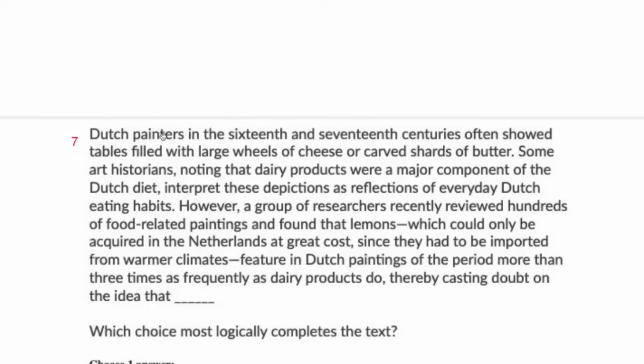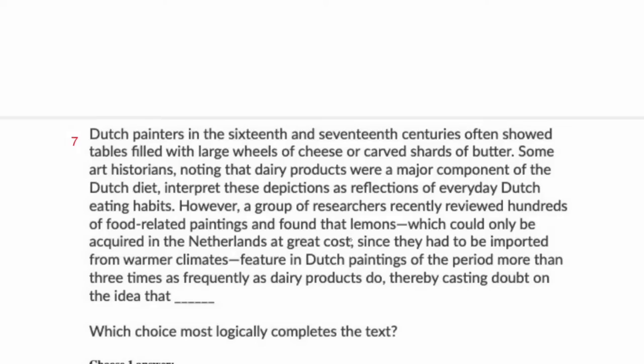So what these painters painted reflected what people ate on a day-to-day basis, a lot of dairy. However, a group of researchers recently reviewed hundreds of food-related paintings and found that lemons, which could only be acquired in the Netherlands at great cost since they had to be imported from warmer climates, feature in Dutch paintings of the period more than 3 times as frequently as dairy products do.